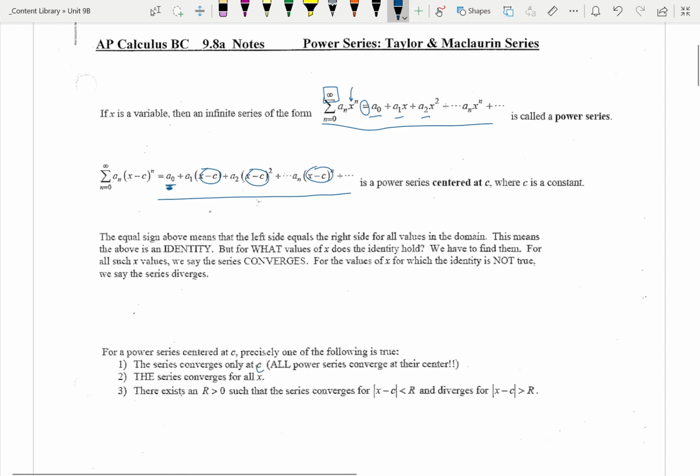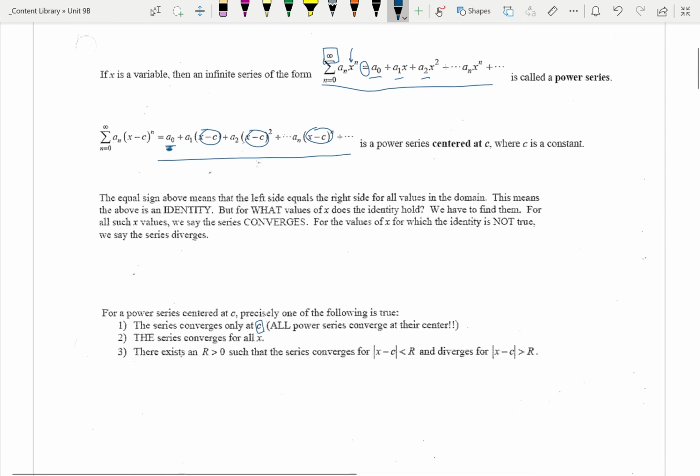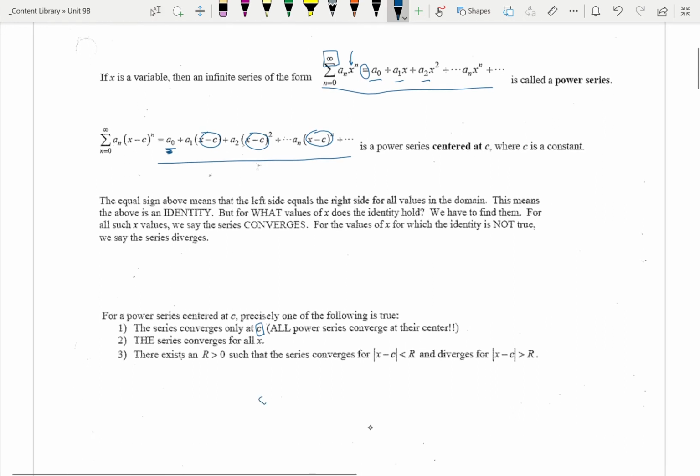Remember that c is always a value to which the series is going to converge. And so the idea here is that if we look at a number line and we have our center of convergence here, if we're in scenario 3, then we definitely have this point as a point in our domain, and then we've got some radius of convergence that goes in both directions.